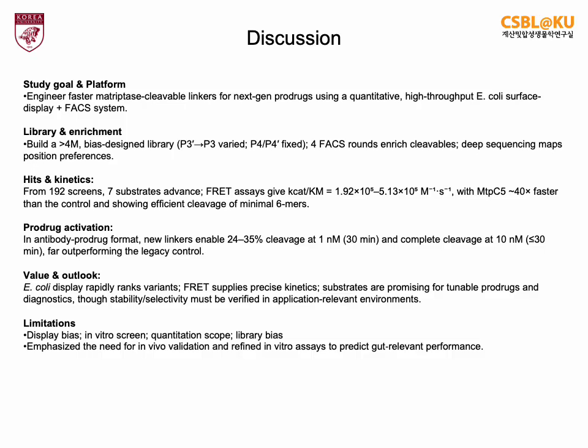Notably, the most efficient substrate, C5, showed 40 times higher efficiency than the reference substrate, indicating significantly enhanced cleavage efficiency. Inserted into antibody prodrugs, top linkers achieved 24 to 35% cleavage at 1 nanomolar and complete cleavage at 10 nanomolar, far outperforming the legacy control.